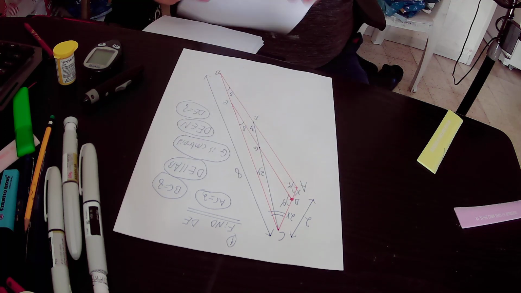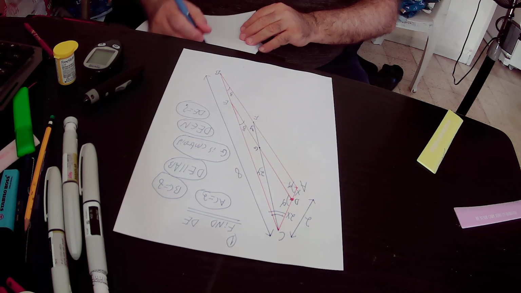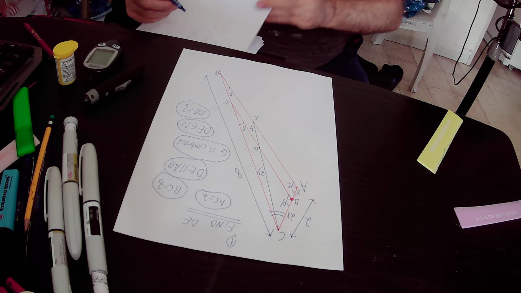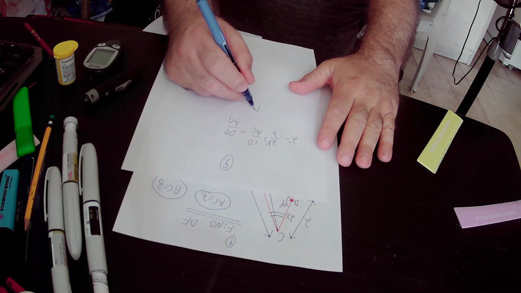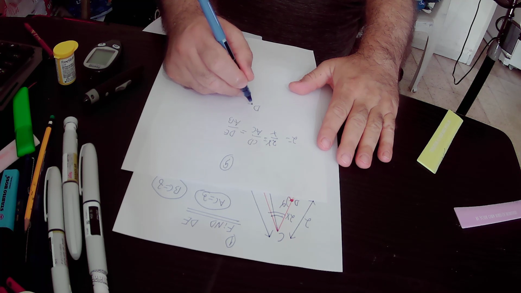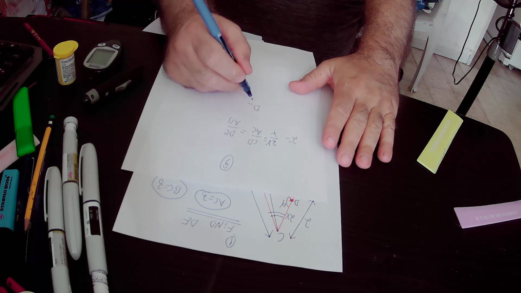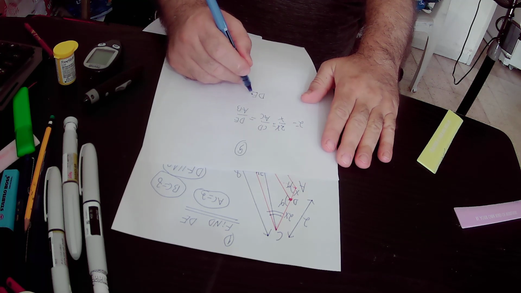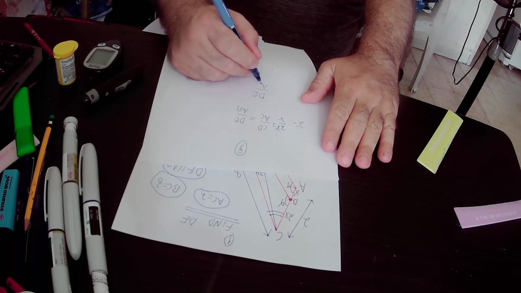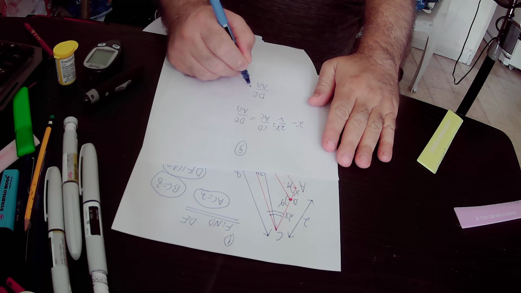So we write it down. 2x over x is 2. So in total we got that DE over AB equals 2.